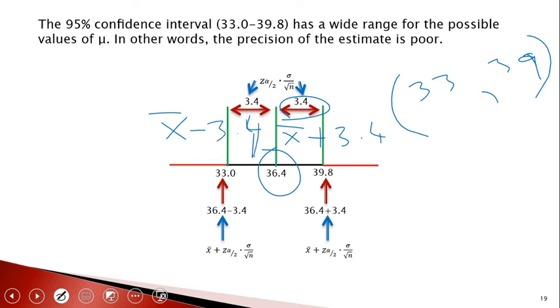Clear? So this is x bar minus, this is x bar plus. I'm so sorry about this. This should be minus. Okay, it should be minus. Clear? Okay.